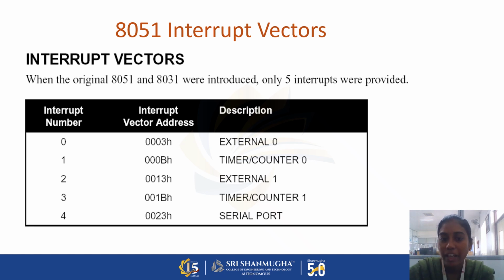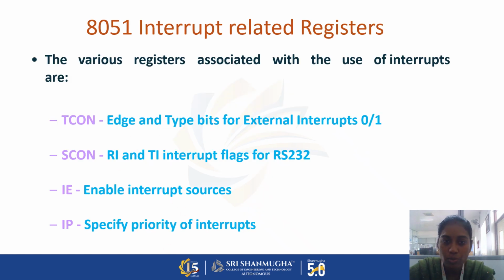Every interrupt signal has a vector address. This vector address is stored in a vector table that is used by the interrupt service routine, that is ISR. For example, for external 0 the interrupt vector address is 0003H, and for external 1 it is 0013H. Based on this vector address, it will service the interrupts.